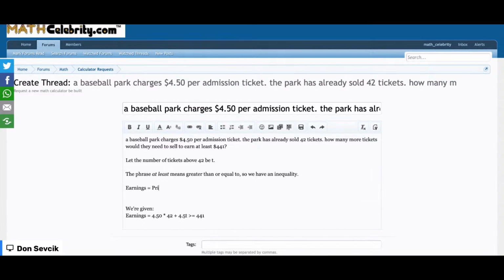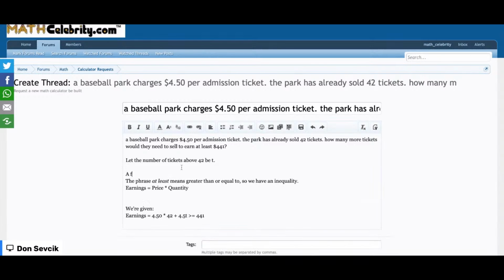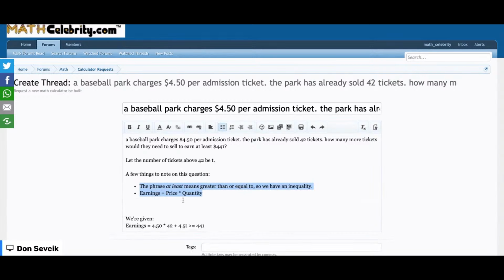Earnings equal price times quantity. A few things to note on this problem. Let's just do that so you can walk through what we're doing here.